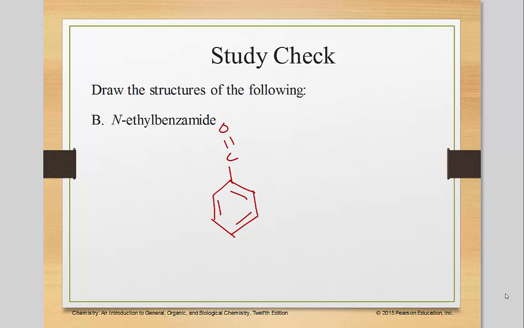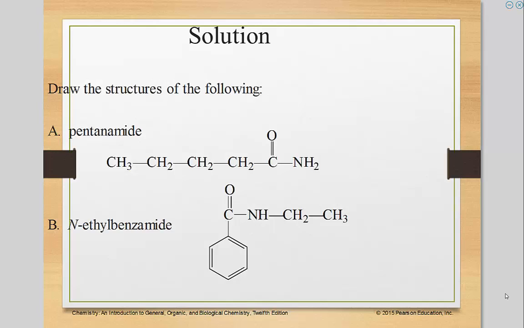But it's an amide instead, so it has a nitrogen there instead. And then we have 2 carbons for the ethyl group, and another hydrogen. And that's your overview of amides.